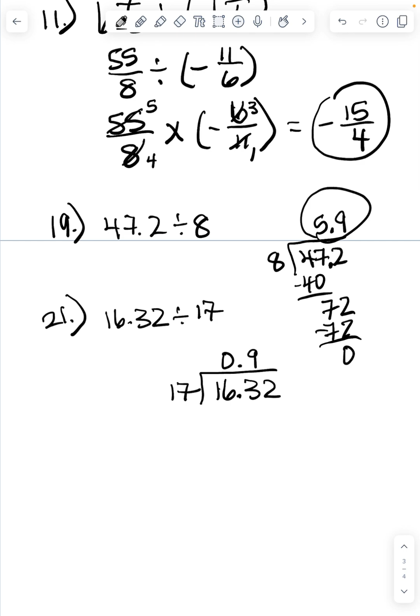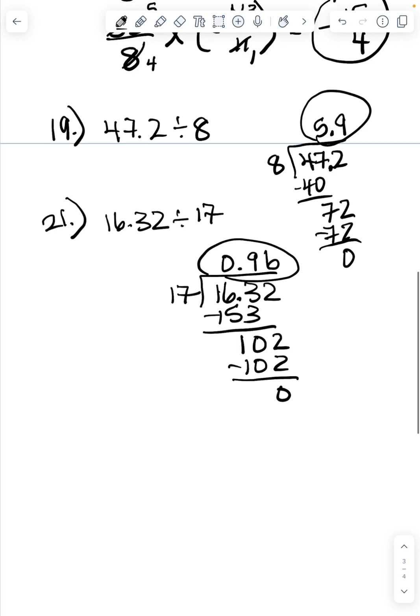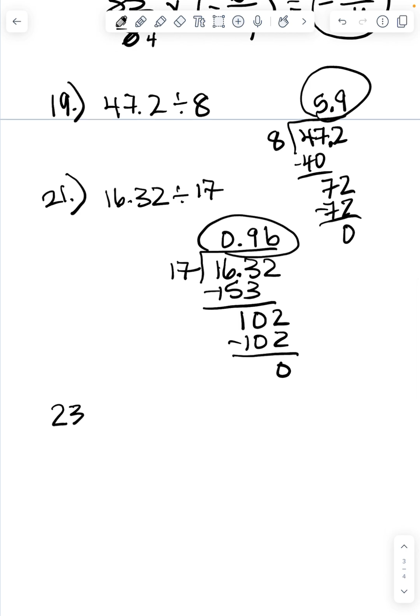That's 9 times. We get 153. Subtract, we get 10. Bring down a 2. 17 goes into 102 6 times. Multiply, we're going to get 102. And we're done there. Number 23.